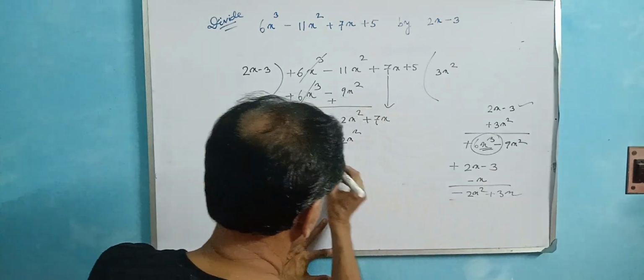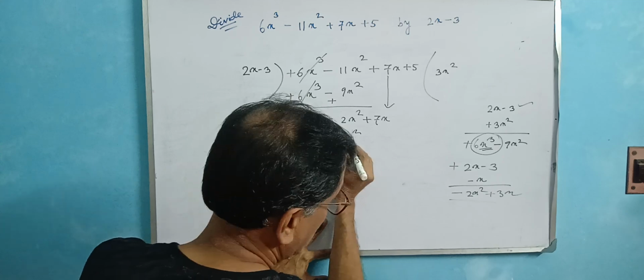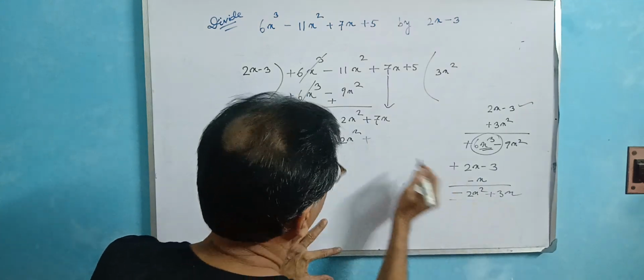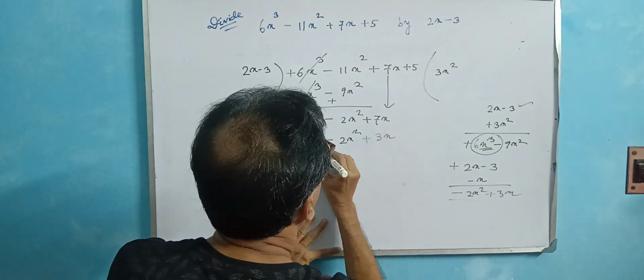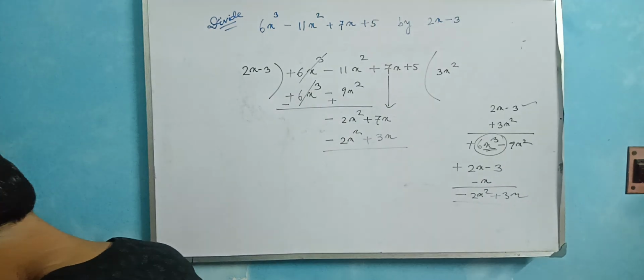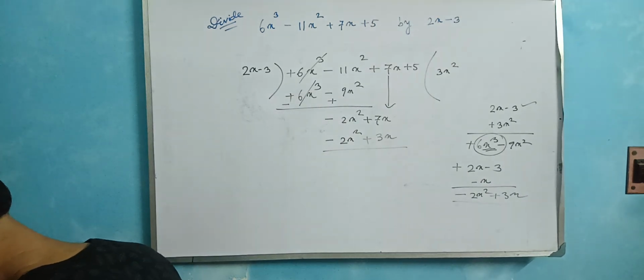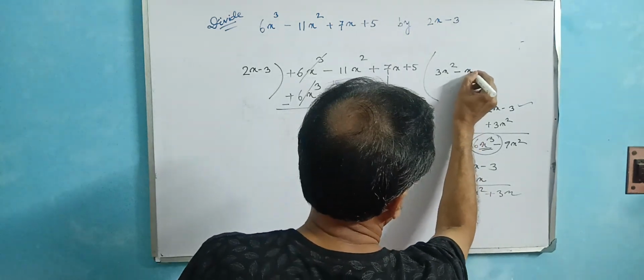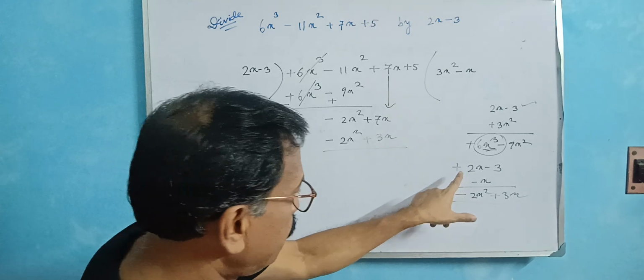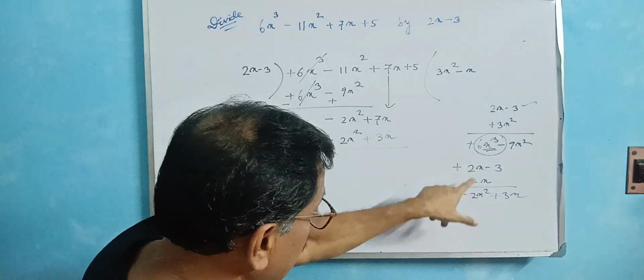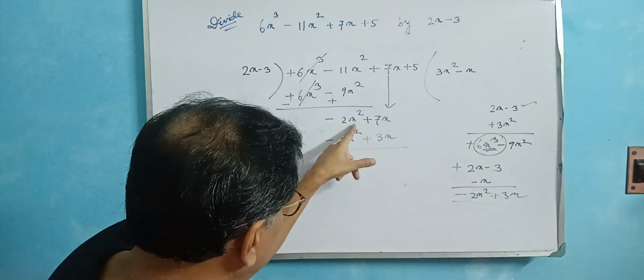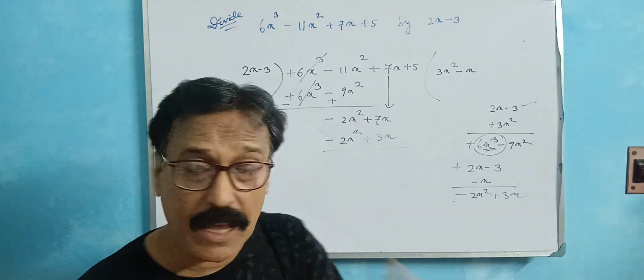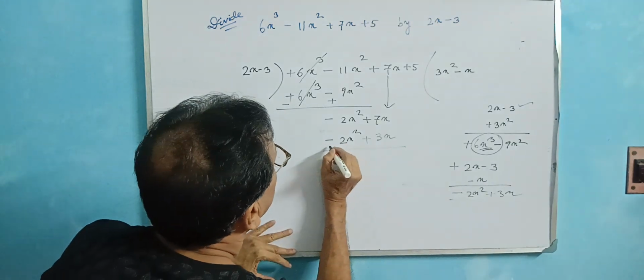So you write the same sign: minus 2x square and plus 3x. Okay? This is minus x. Minus x, plus minus minus, target is coming minus 2x square, sign also same, because you subtract.